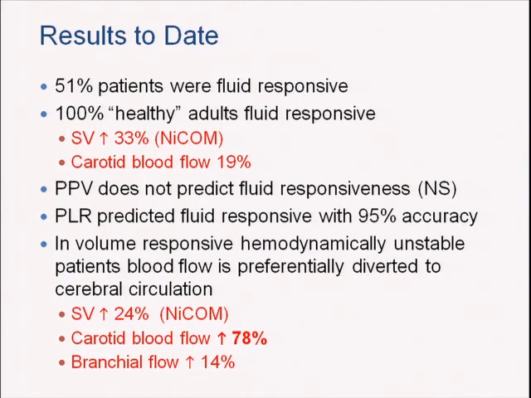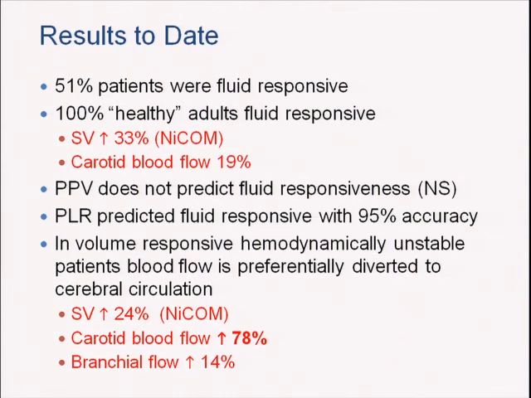What's really interesting is their stroke volume increases by about 33%. We simultaneously measure their carotid and brachial flow, and as you can see, it only goes up by about 19%. We found that pulse pressure variation was totally unable to predict volume responsiveness. We found that the concordance between passive leg raising and using carotid blood flow as an indicator was almost 100%.